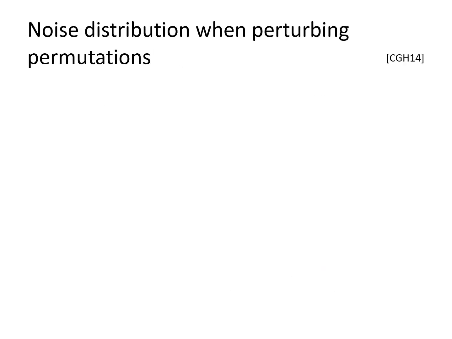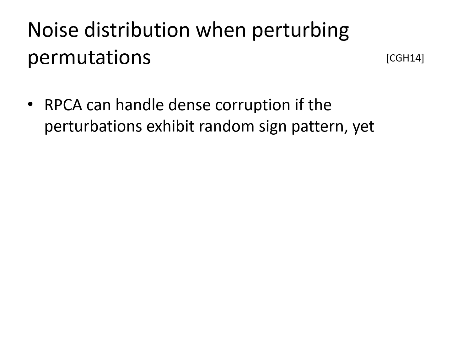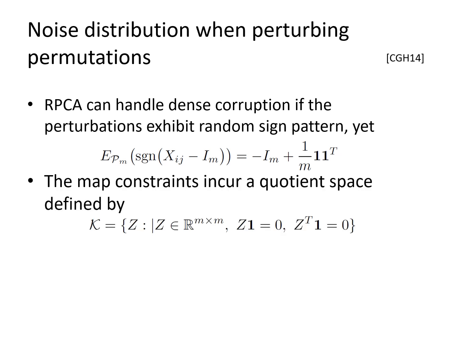A way to understand this is that RPCA can handle dense corruption if the perturbations exhibit a random sign pattern. Yet, if you consider the underlying ground truth identity and take the expectation of the sign of the elements of x_ij minus identity, then the expectation is not 0. This explains why RPCA performs suboptimally for this particular problem. But in our case there are map constraints.